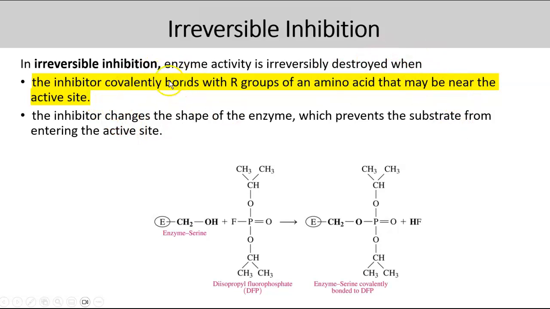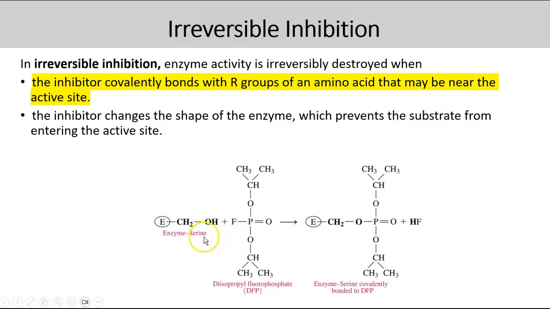Covalent bonds are strong bonds. Once they are bonded with the amino acids near the active site, the inhibitor changes the shape of the enzyme and the substrate will no longer be able to bind to the active site.